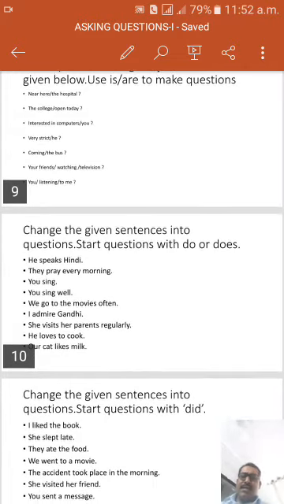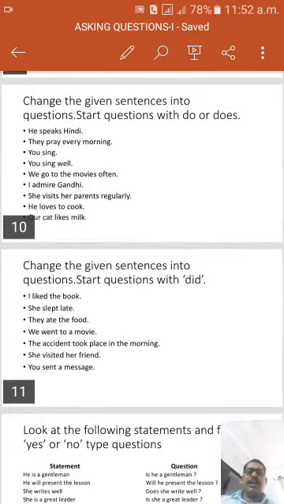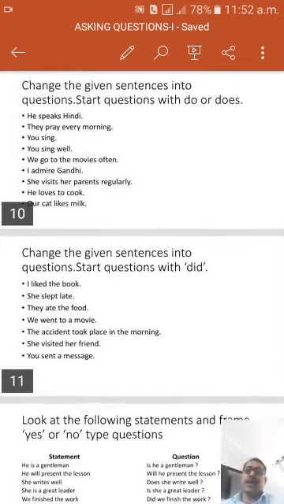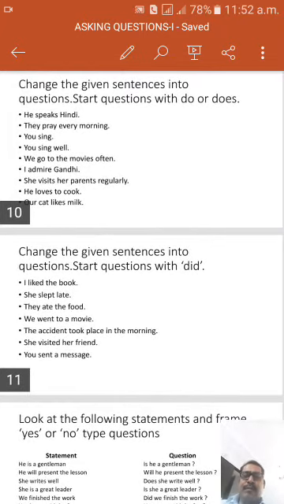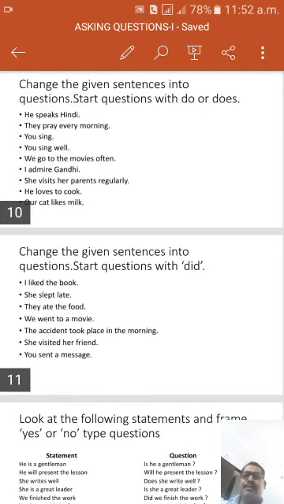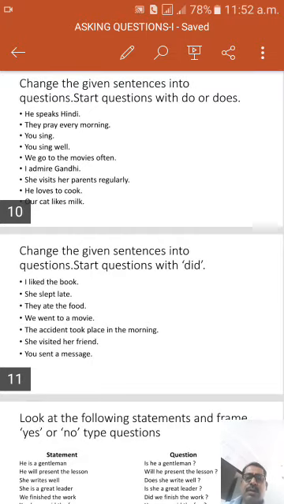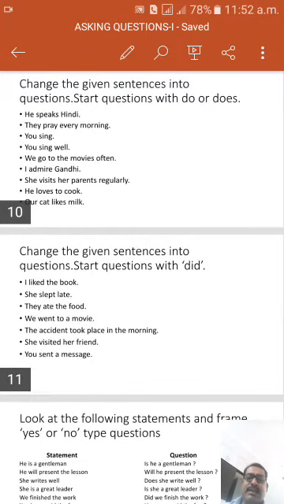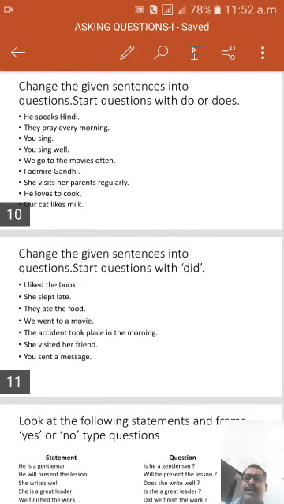The next exercise, the statements are in simple past tense. In simple past tense, we use V2 form of the verb. To change such statements into questions, we start the question with did. I liked the book. She slept late.